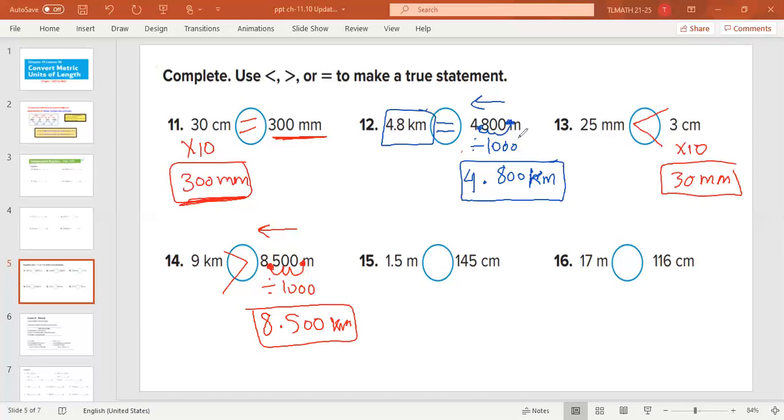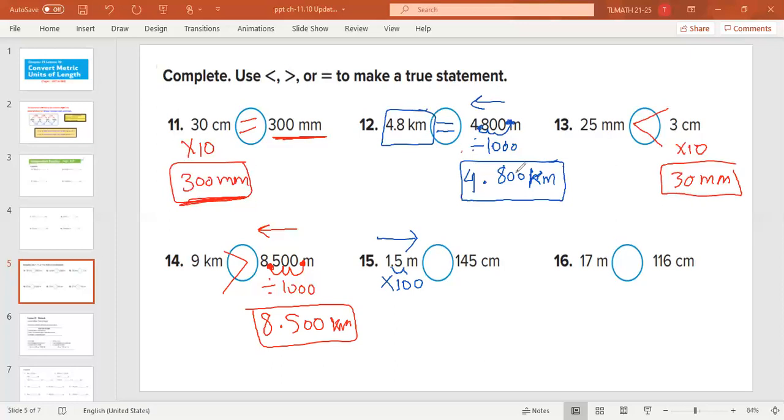Question number 15, I'm going to multiply. That means I'm going to convert it from meter to centimeter. So here I'm going to multiply it by 100. When I multiply, I move my decimal point to the right side 2 decimal places. That means you are going to do it 1 and 2.